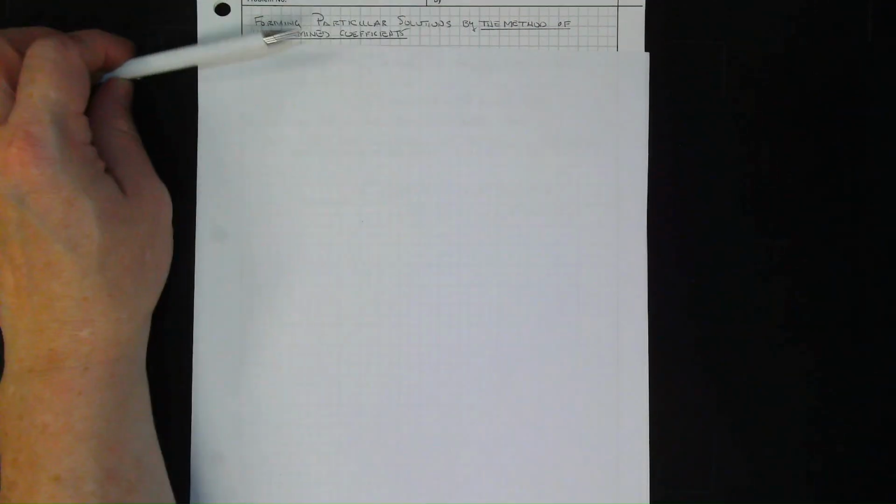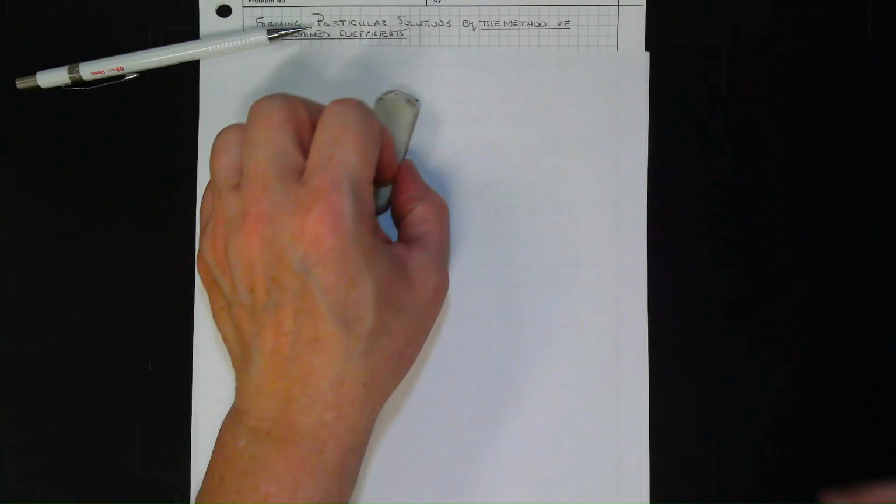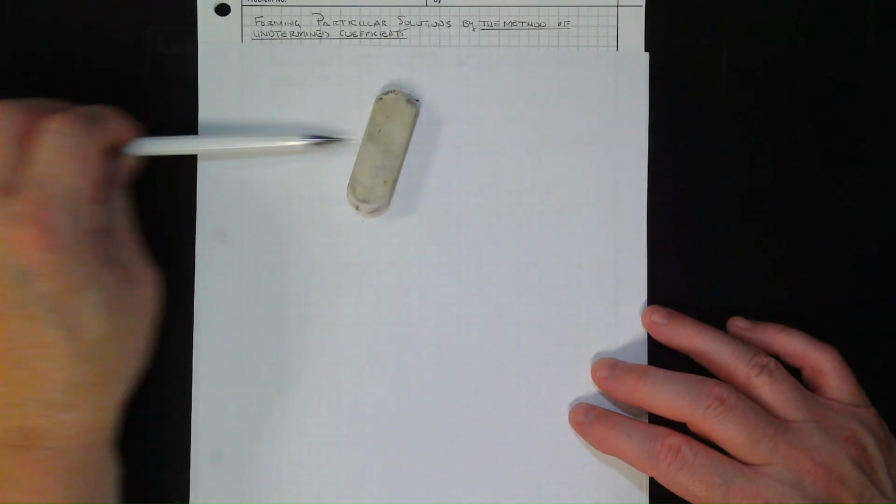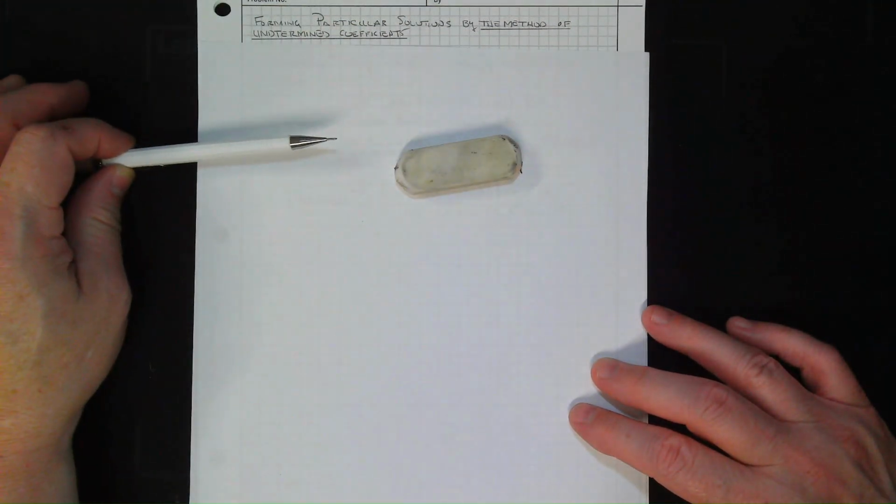So again, what is a particular solution? A particular solution for a forced response will be the actual response at steady state. When you apply an input into a system, it moves.